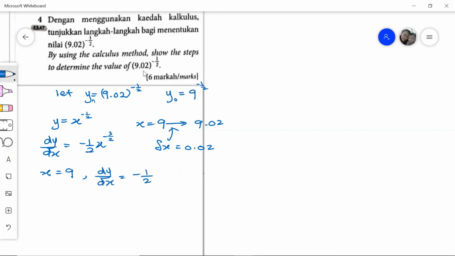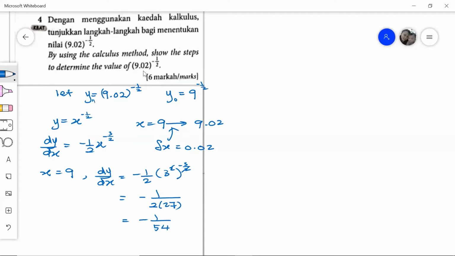Now, the 9 can be written as 3 squared. When we raise it to the power negative 3 over 2, we can simplify the index. So now we have negative 1 over 2 times 3 to the power of 3, 27. So we have negative 1 over 54 for dy/dx.